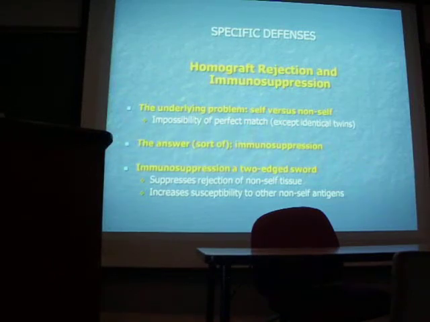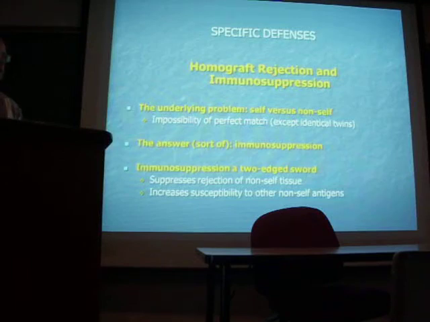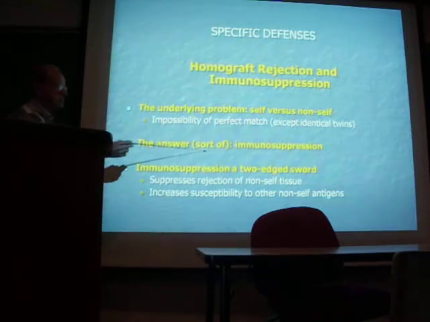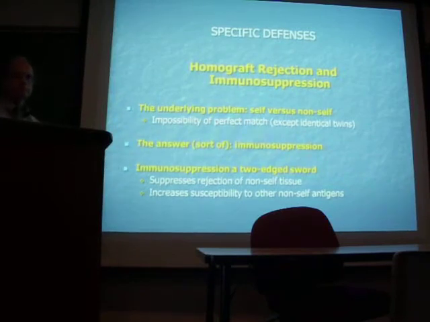So that's the reason that organ recipients have to be on immunosuppressive drugs. Now, how long do they have to be on immunosuppressive drugs? For a while or for life? For life. Is that a sure thing? No. Sometimes organ transplants fail in spite of everything. All right. So immunosuppression is the answer, but only sort of.